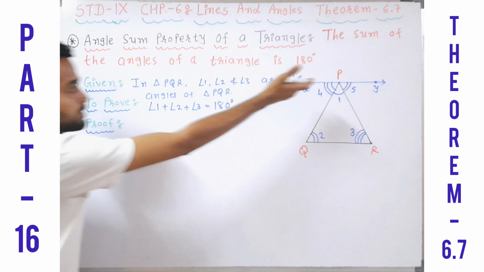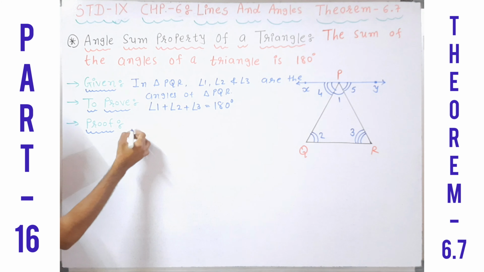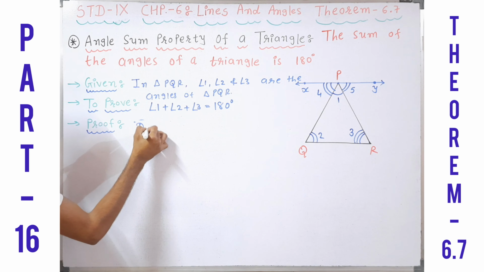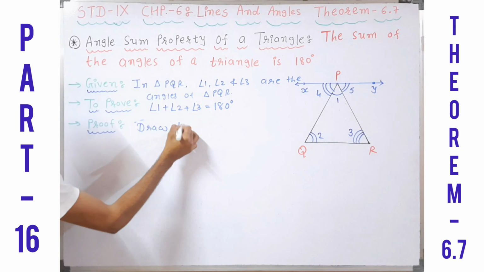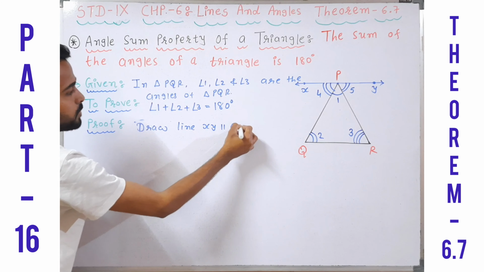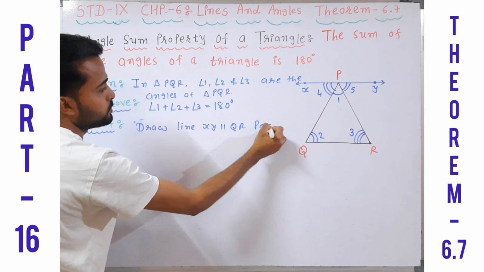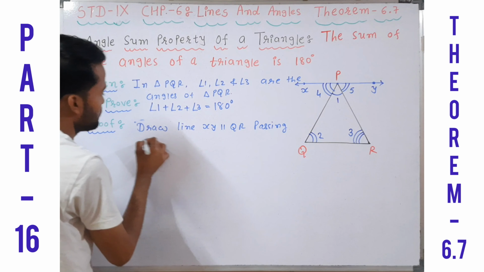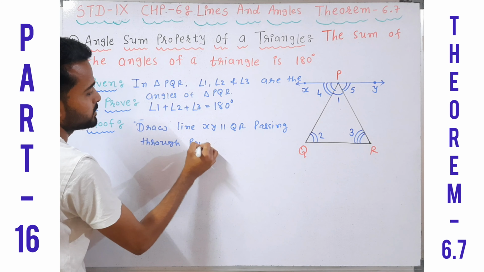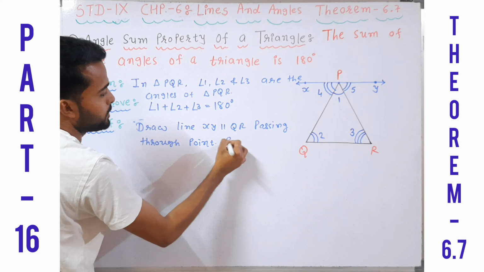So first of all, we have drawn line XY, so we need to mention here: draw line XY parallel to QR passing through point P, right?